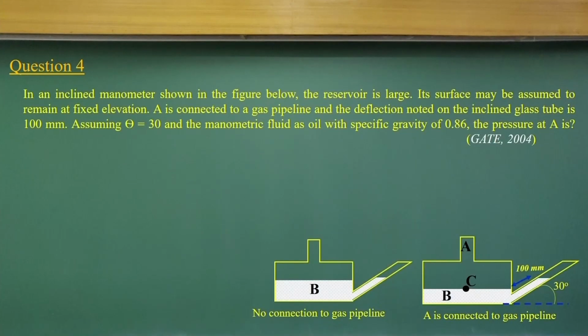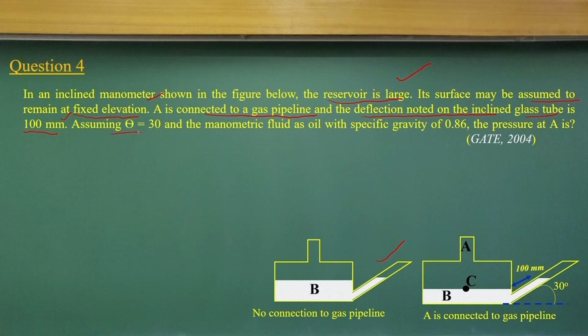Now, let us come to manometer problems. There is an inclined manometer shown in the figure below. The reservoir is large, so its surface may be assumed to remain at a fixed elevation. A is connected to a gas pipeline. The deflection noted on the inclined tube is 100 millimeters.